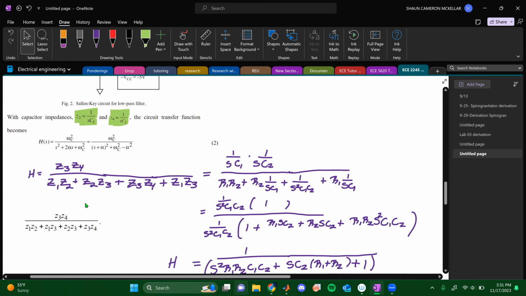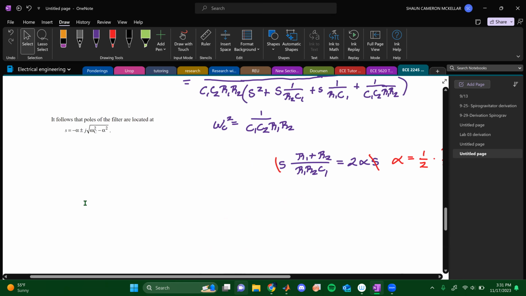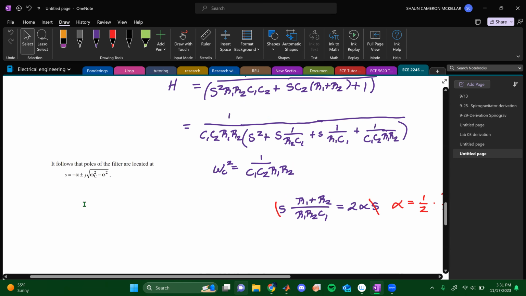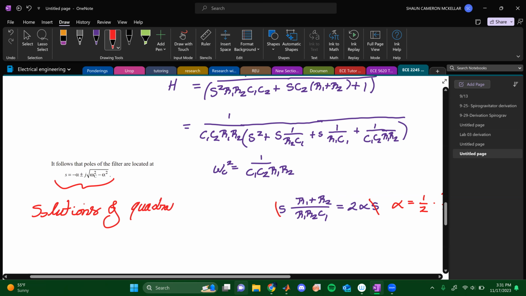Okay, so now we can see that if we set the denominator equal to 0 and solve for the solutions of the quadratic function, we actually get this term.